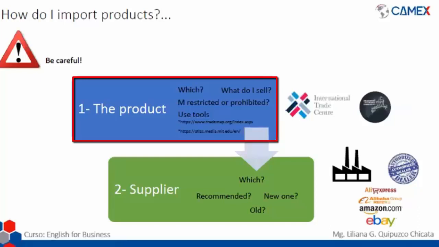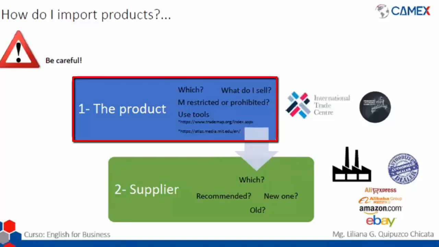Another point that you have to be careful about in this first step is to know if the product that I want to bring is restricted or prohibited. For example, according to customs, Peruvian customs in this case, if my product is prohibited, I'm not going to be able to import it.